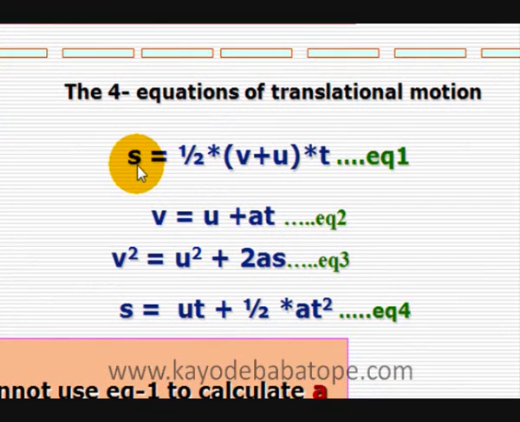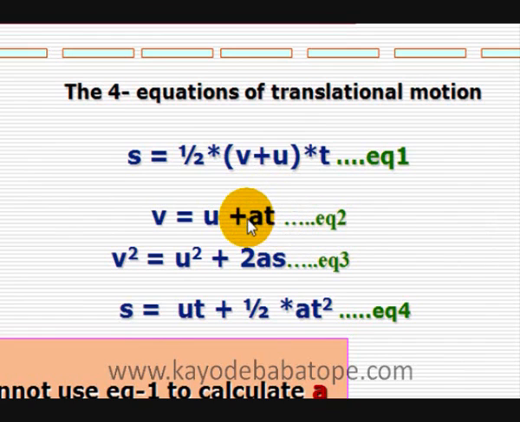You cannot use equation 1 because even though they gave us initial velocity, yes, we are looking for final velocity, and they didn't give us time. So there will be 2 unknowns in this equation, so you can't use it. What about equation 2? We are given initial velocity, we are given acceleration, but we are looking for final velocity, so we don't know it, and we are not given time.